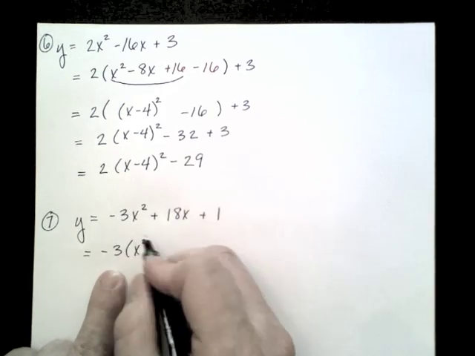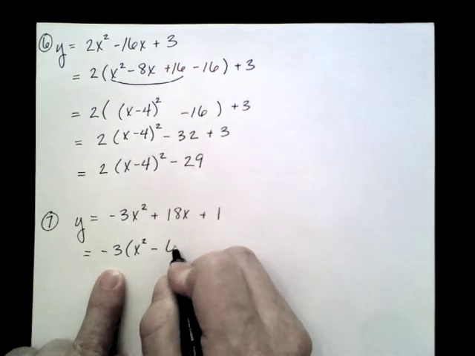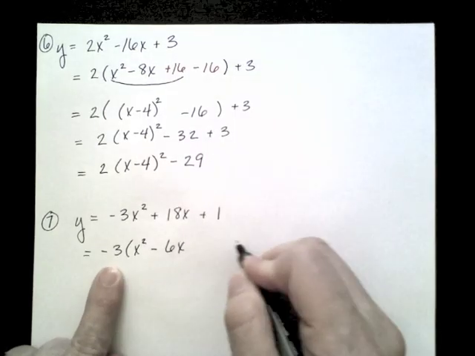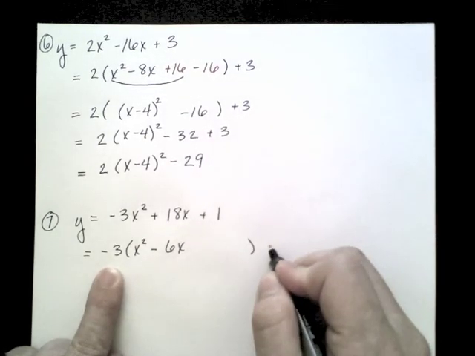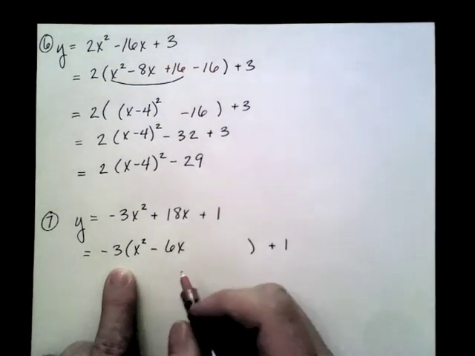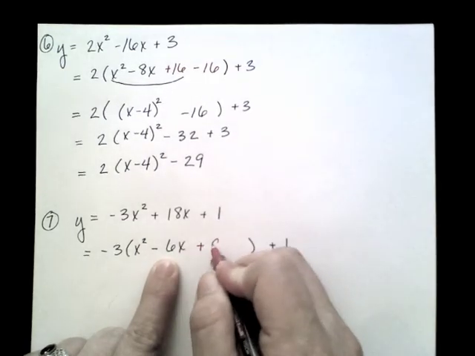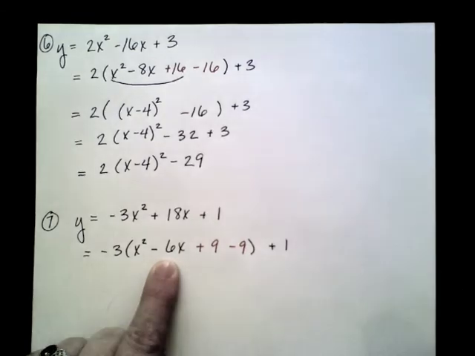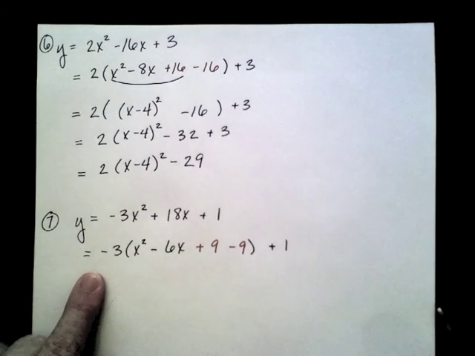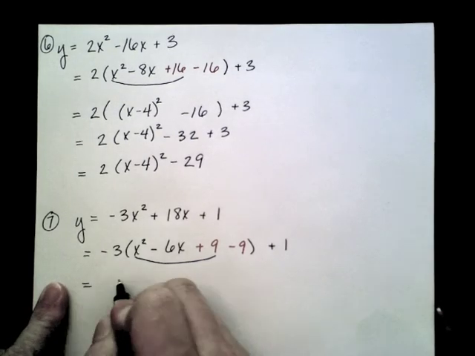When I factor out a negative 3 here, that becomes a negative 6x. Then I'm going to leave myself some empty room. This plus 1 can stay on the outside. I don't need to factor the negative 3 out of that. So now I take half of negative 6 and square it. I get plus 9 minus 9. Notice that this is my perfect square.